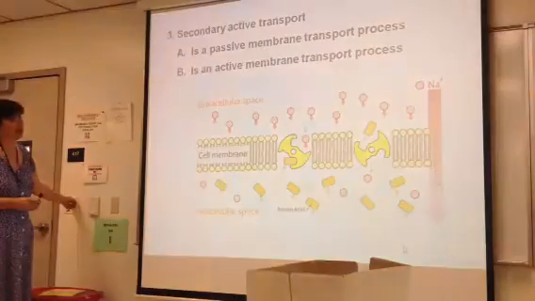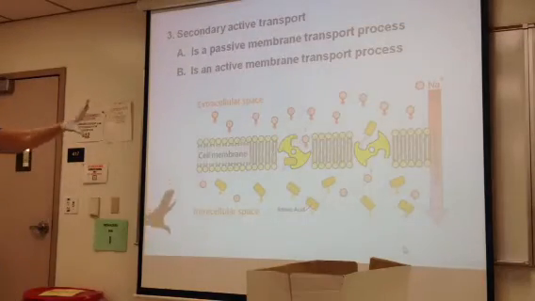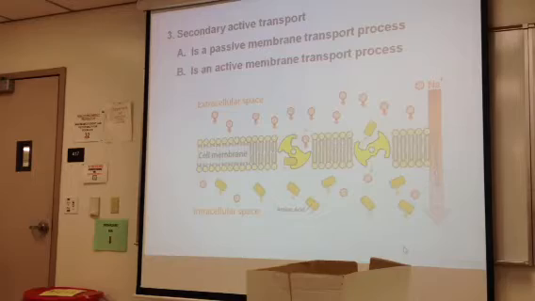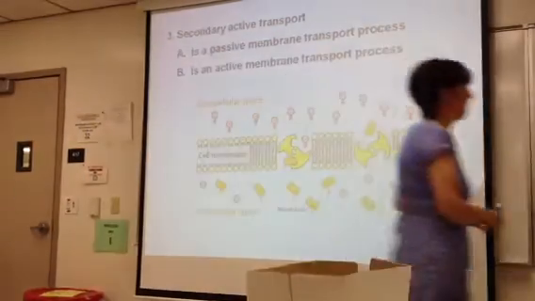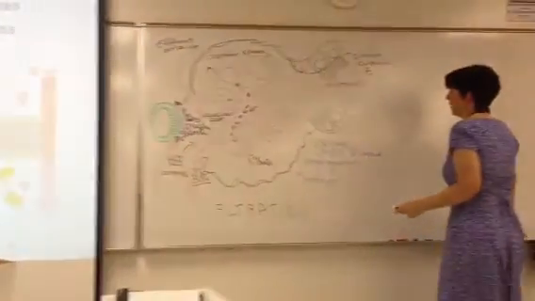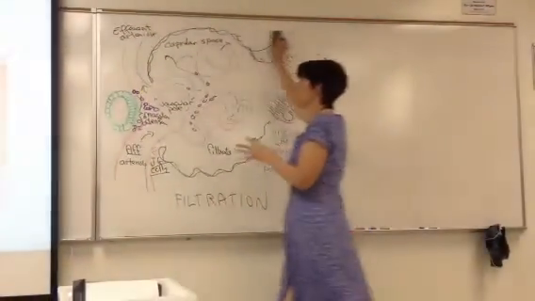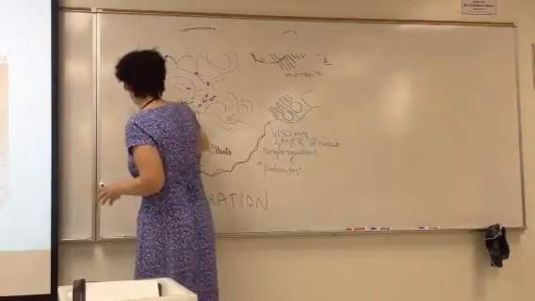So I really don't need that capsular diagram anymore. You guys okay if I erase it? Okay. So I'm going to diagram a couple of cells of the proximal convoluted tubule.